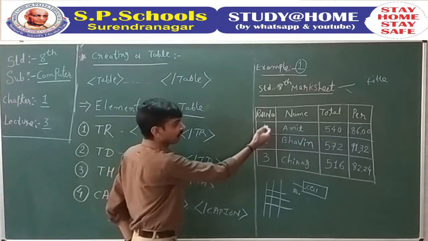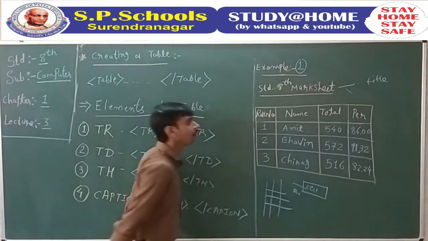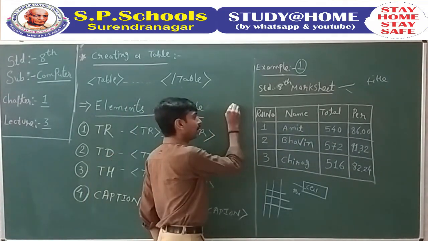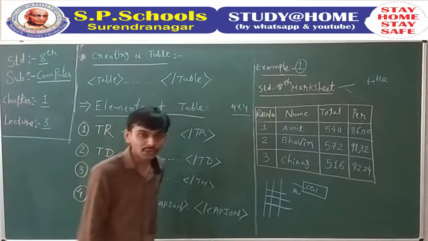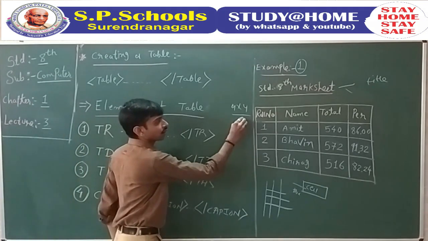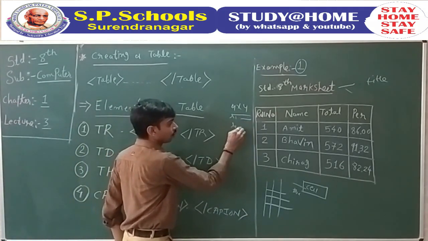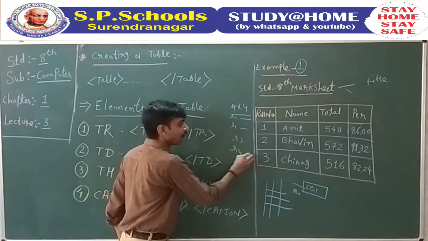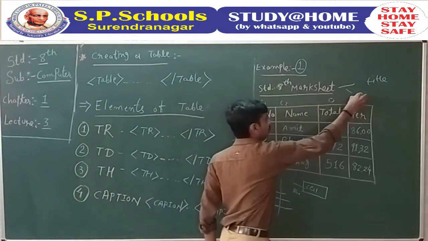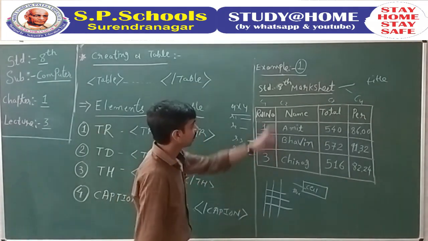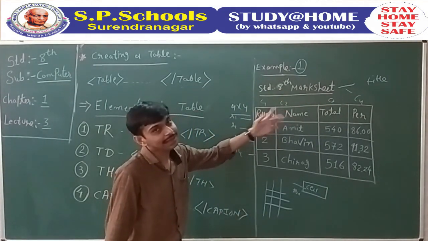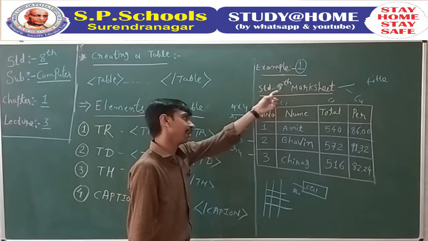Then you can see here a table with 4 rows and 4 columns. Our table is 4 by 4, 4 rows and 4 columns. Okay. First row R1, row 2, row 3 and row 4. Column 1, column 2, column 3 and column 4. And this is the heading of our HTML table, Standard 8 marks.